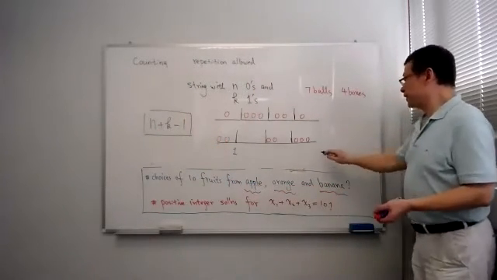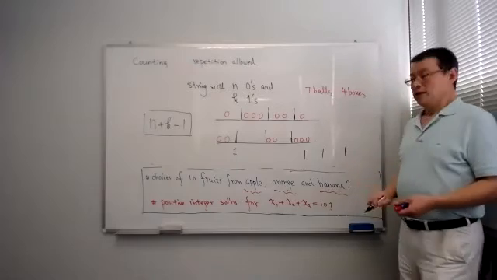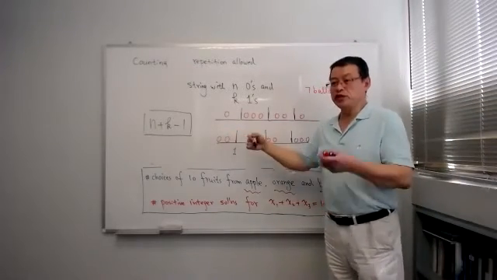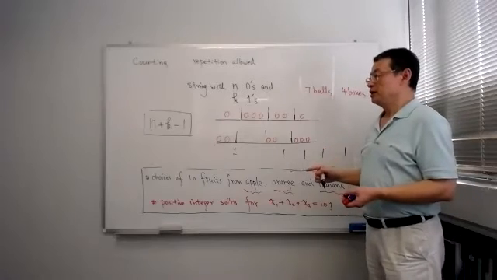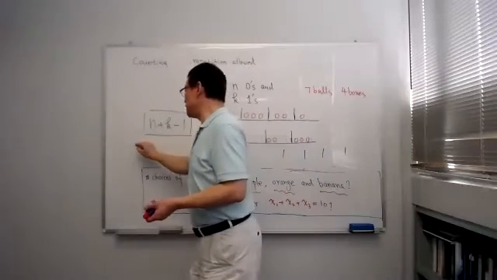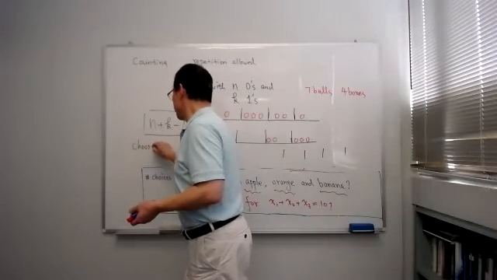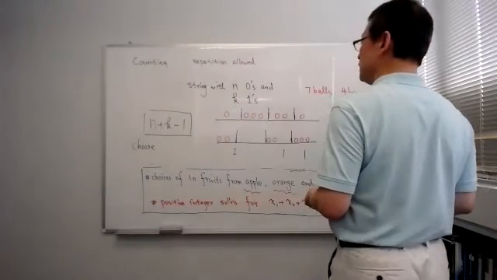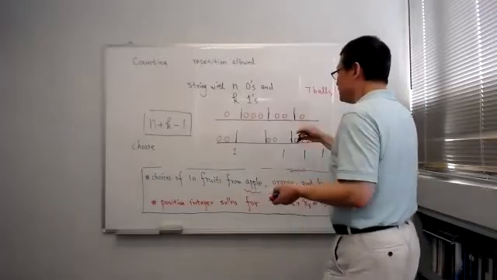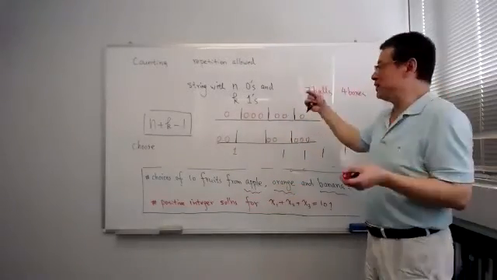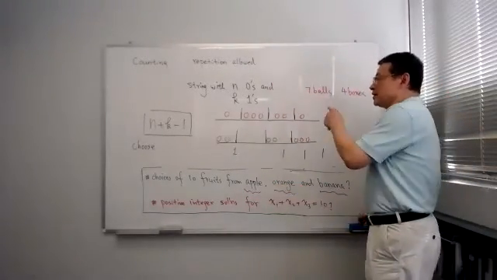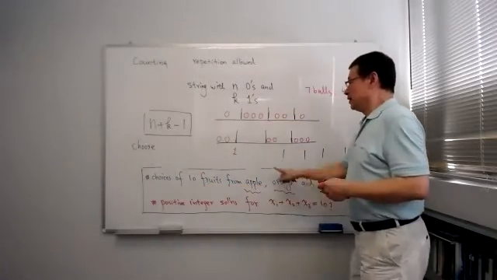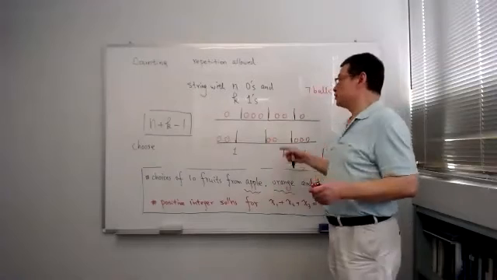So you can think we have these ones there, and I want to insert zeros. I choose positions for the zeros, n zeros among this many positions. But maybe k is smaller than n, so instead I choose the bars, the separators, the ones.